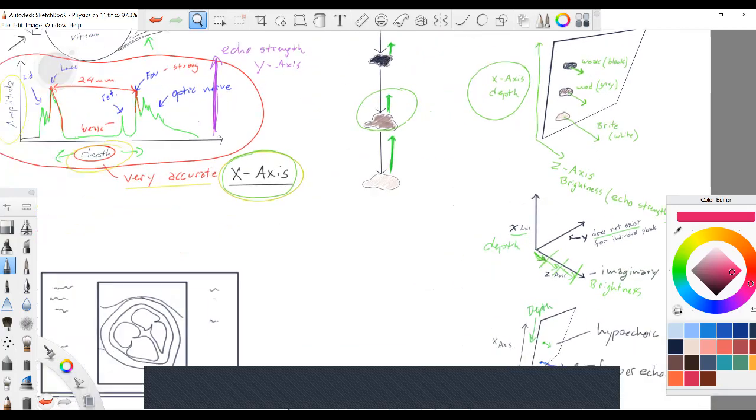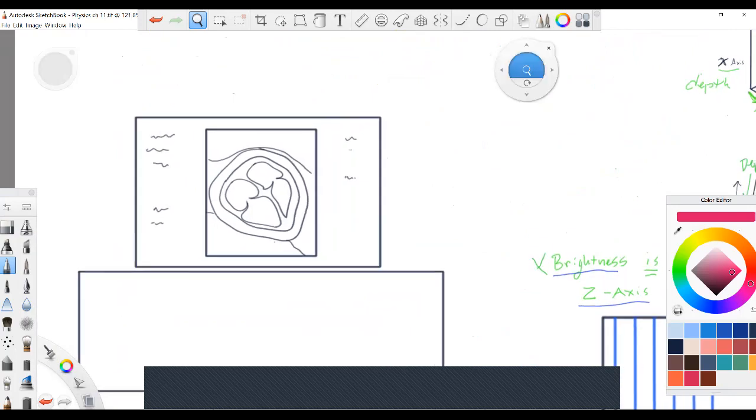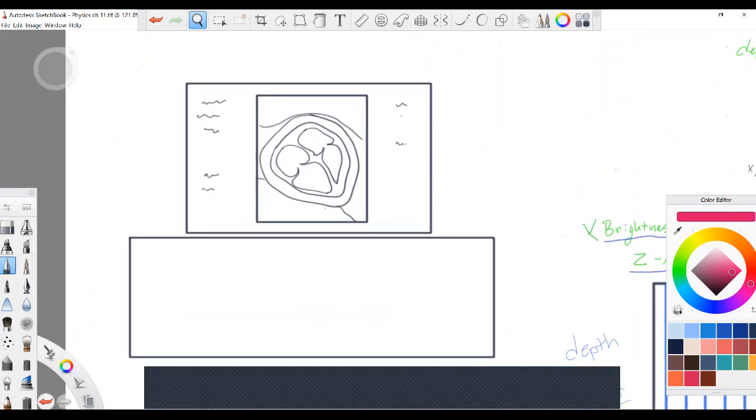So, all right. This guy we haven't really used yet. We played with it a little bit, but this is M mode. In other words, motion.